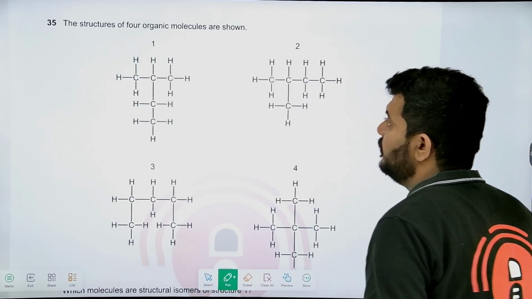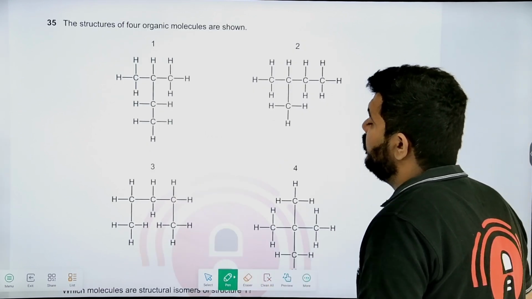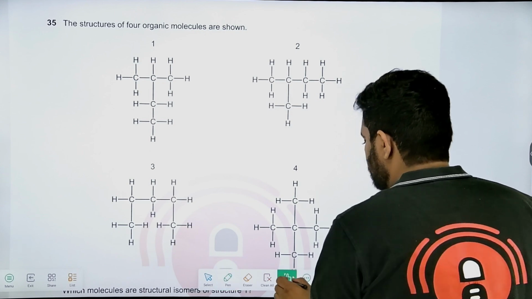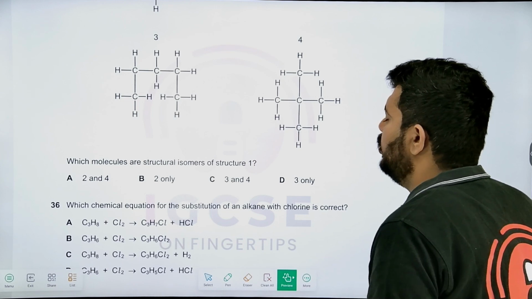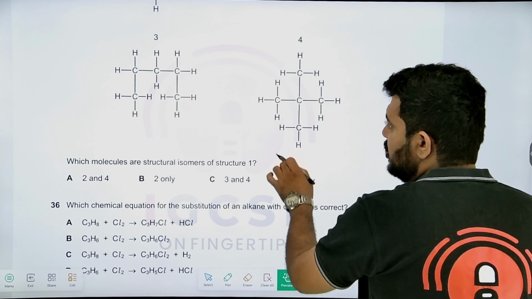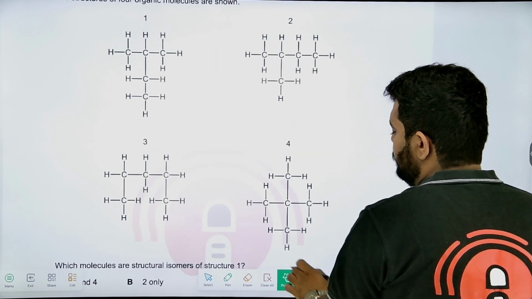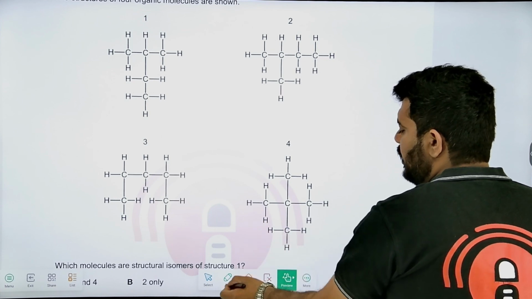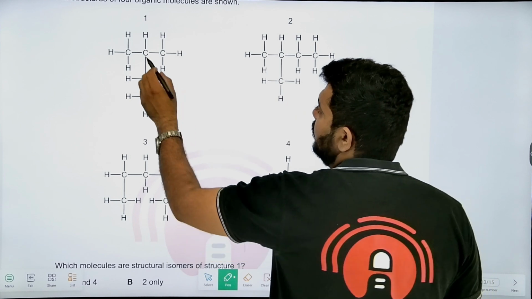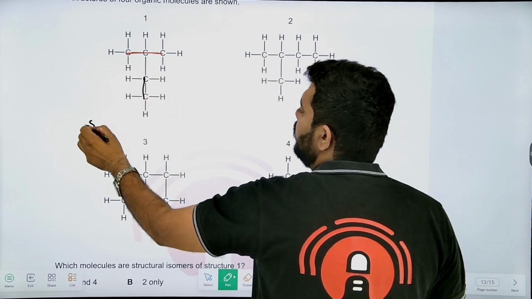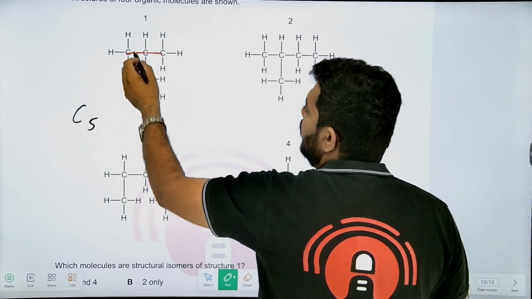Then we have structures of 4 organic molecules shown. Okay, we'll come back to structures. Let's find what the question is. Which molecules are structural isomers of structure 1? Isomers mean different structural formula, same molecular formula. To understand that, see, there are 3, 4 and 5 carbon, right?